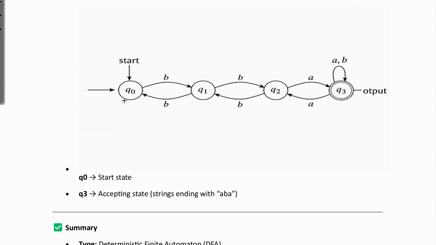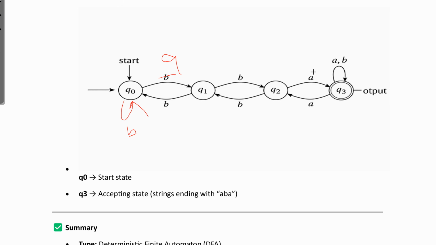So let me correct the transition diagram for you. So when we apply B on state Q0, we get the same state Q0. When we apply A on Q0, we get the next state Q1, right?